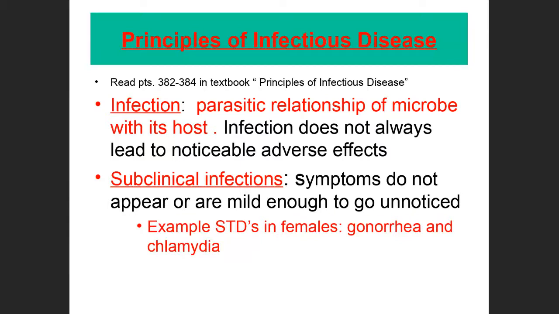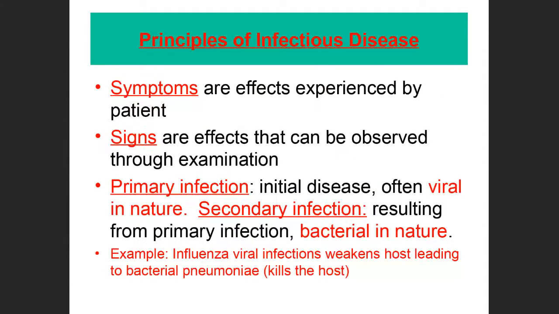STDs are oftentimes subclinical infections in females. Gonorrhea and chlamydia are oftentimes asymptomatic in females. So that's what a subclinical infection is. It's an asymptomatic infection. So be able to give examples of infections that are or can be subclinical. Make sure you can tell the difference.